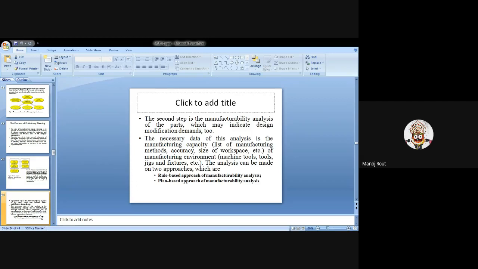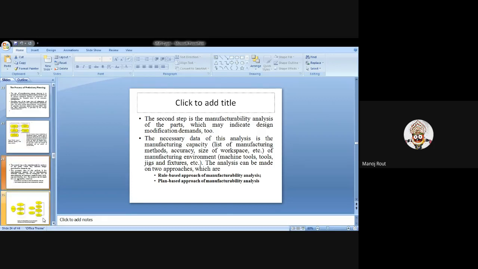The necessary data for this analysis is manufacturing capacity, which lists manufacturing methods, accuracy, size of workspace, or you can say the manufacturing environment, that also includes machines, tools, jigs and fixtures, etc. The analysis can be made in two approaches: rule-based approach and plan-based approach to manufacturability analysis. We will discuss the rule-based approach and plan-based approach.